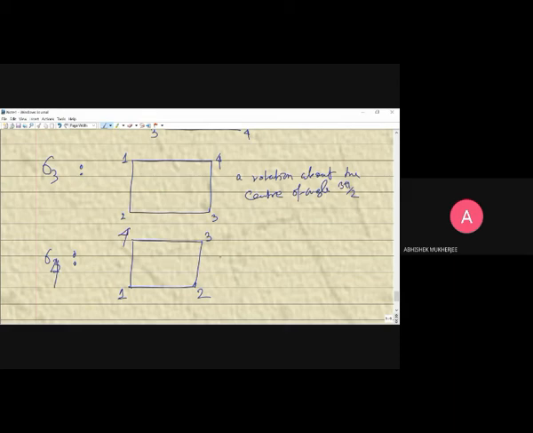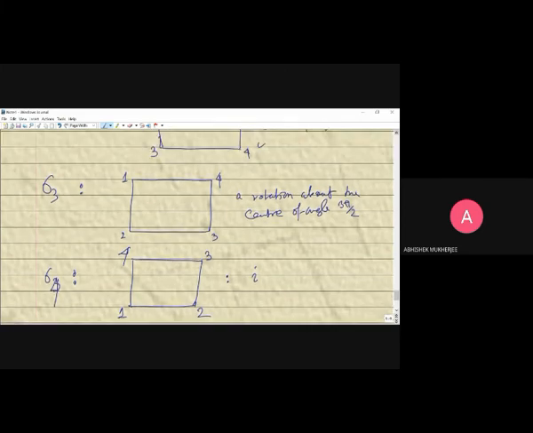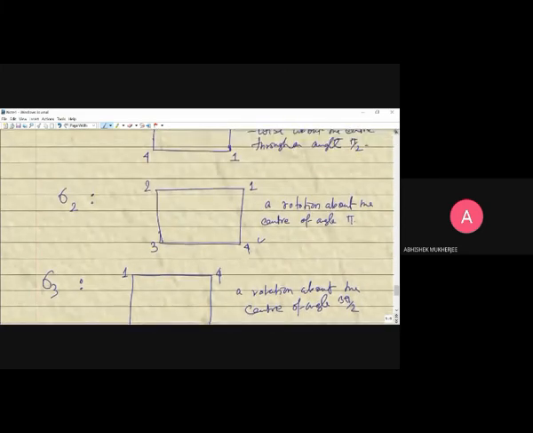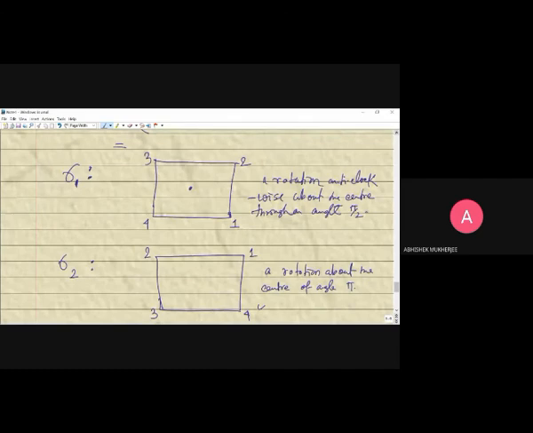So this means this is the identity. So you have, as of now, only identity, sigma 1, sigma 2, sigma 3.